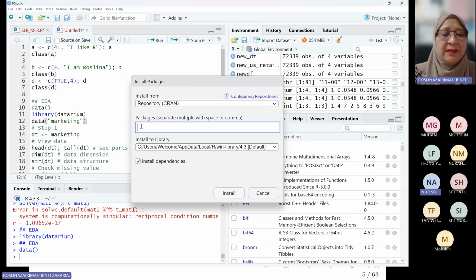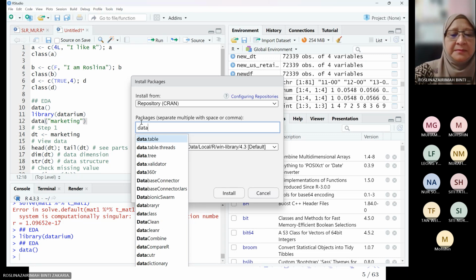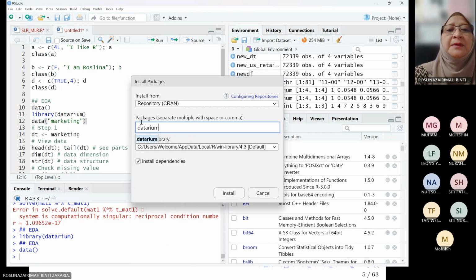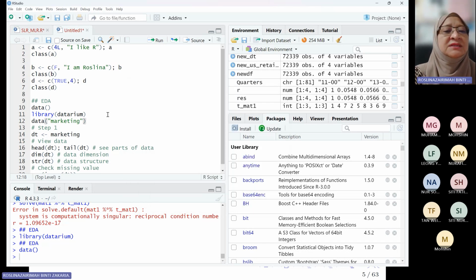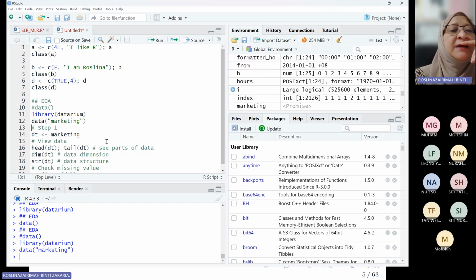Then you type Datarium, then you install. But since I already have that, I don't have to reinstall it. Then to call the data, you just type library. It will go through the library, and then I'm going to select the marketing data.